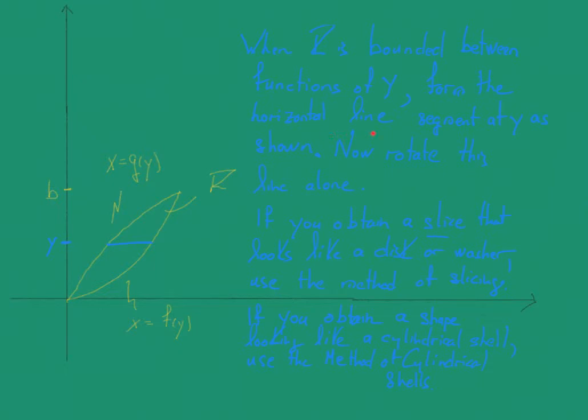In particular, form the horizontal line segment at y as shown. So for each y corresponding to a point in R, in this case y ranges between 0 and b, we form the horizontal line segment at y.